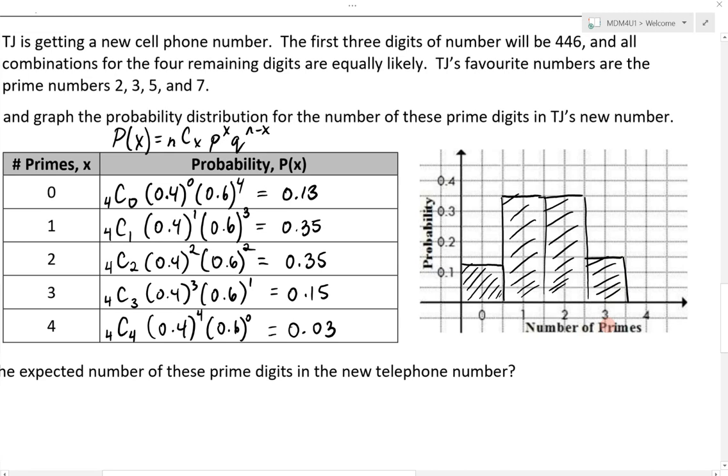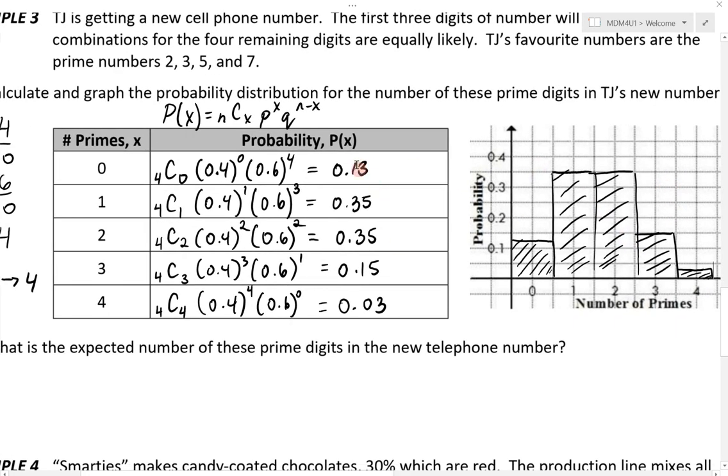And for 4 prime numbers, we're at 0.03, so a really small bar down here. Okay. Now, these are all the outcomes, and of course there is rounding, but when you add them up, it's really close to 100%.